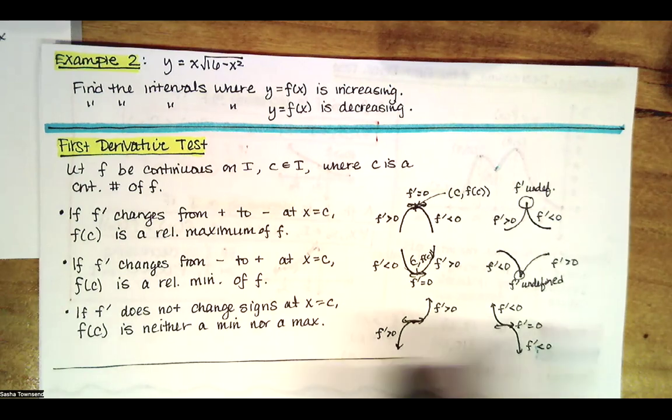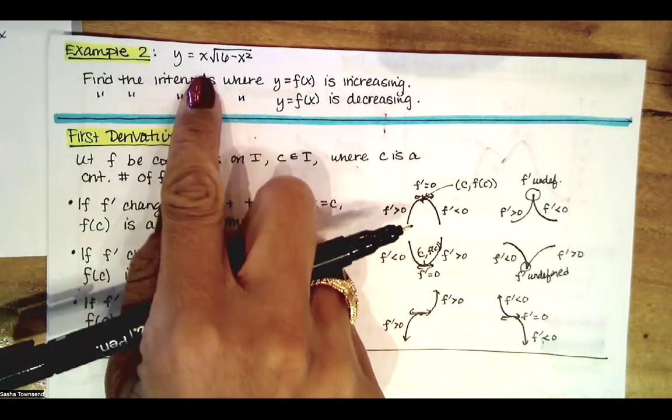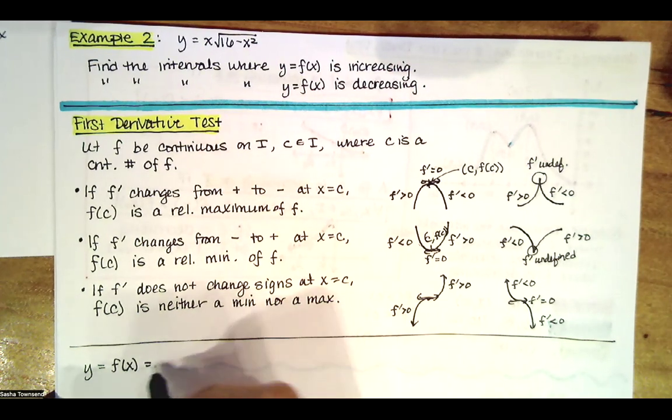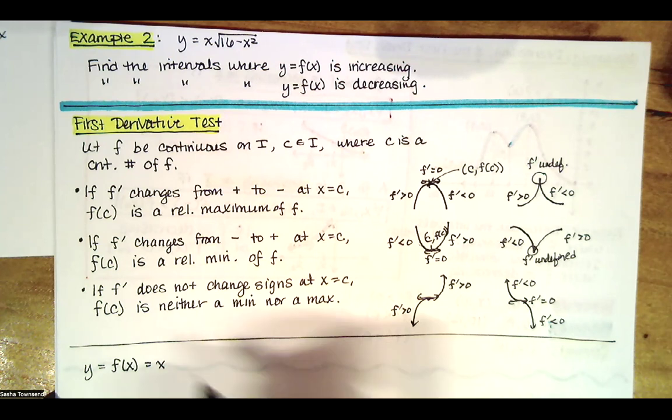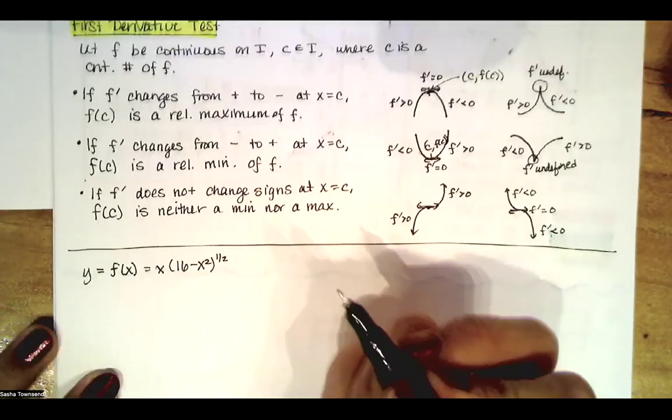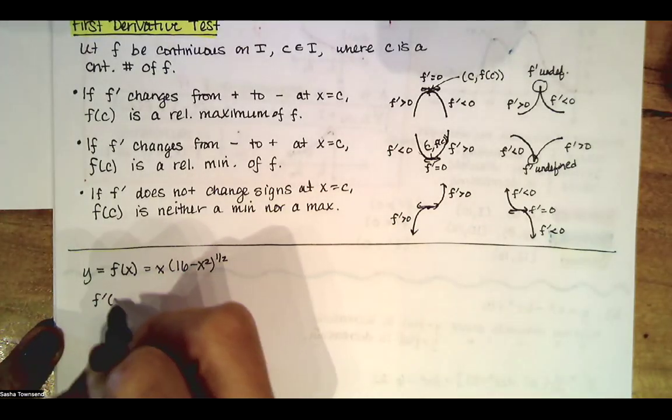So we've got y equals, or f of x equals if you prefer, x times the square root of 16 minus x squared. And that's the same as 16 minus x squared to the 1/2 power. When we compute the derivative, we have to use the product rule.